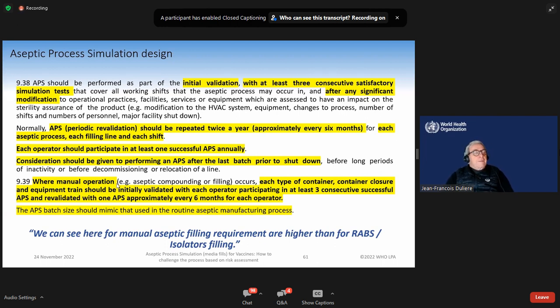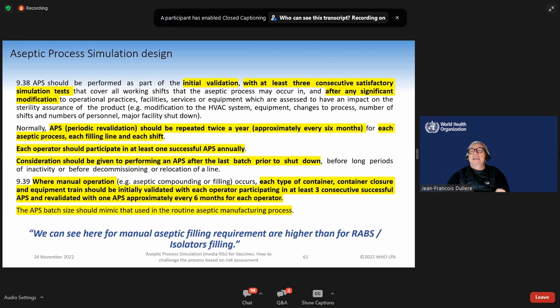Now, we have said that for conventional filling lines, the requirement could be higher. When we have manual operation, each type of container closure and equipment should be initially validated with each operator, not shift.